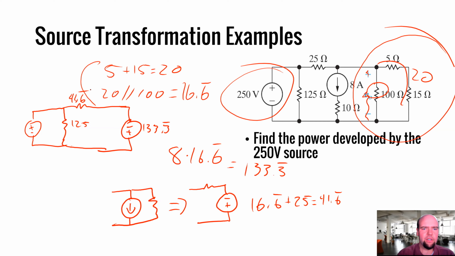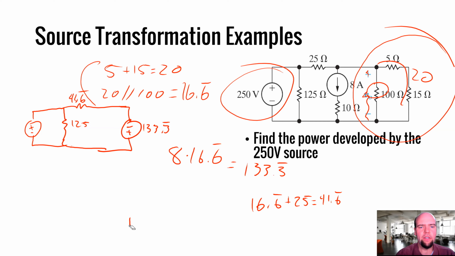So let's clean up some of this. My magic eraser here. And now, once again, remember, we've got a voltage supply positive oriented down, so the current supply is going to have to be pointed down when we replace it. But now we have 133.3 divided by 41.6.